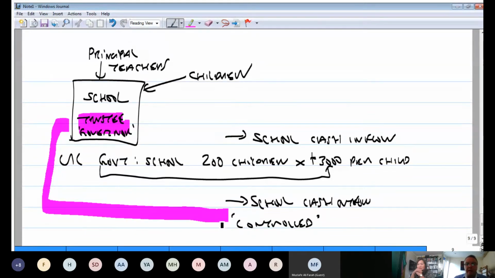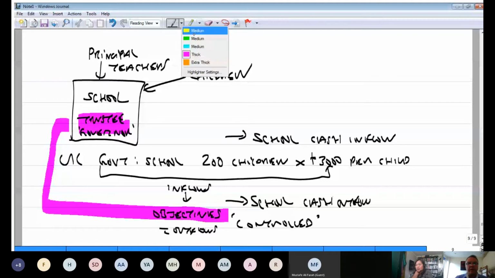Okay, and we look at how much the school's been spending. So remember, we are looking to meet the objectives of the organisation. The inflows must meet the objectives, which become the outflows. And that's what the cash movement is all about. The inflows coming in from the government, the £3,000 per child.